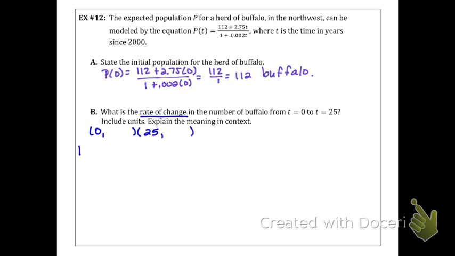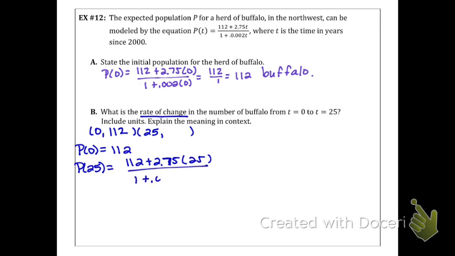So we can go find P of 0, which we just said, actually I lied when I said we don't know, it's 112. We just found it. And then P of 25, so we can go find it the same way. And we should get 172.1429.